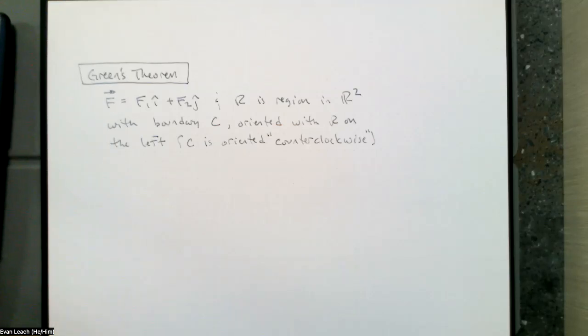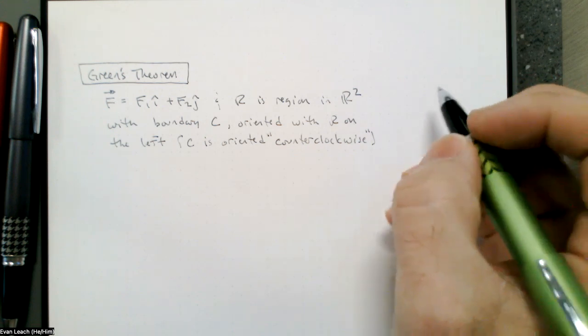And then let's draw a picture. So we've got some region, and C is the boundary of the region.